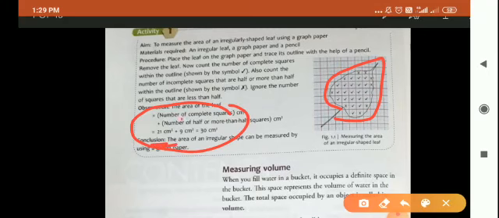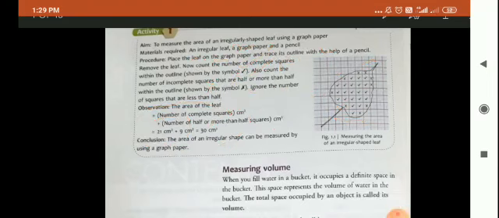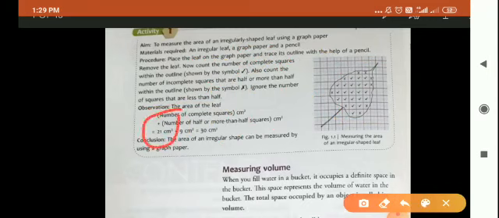And see, here we have placed the unit also: 21 centimeter squares, because the standard unit for area is meter square. You cannot write meter. If you are writing centimeter square, you have to write only centimeter square, not centimeter. Is that clear? So here the number of complete squares is 21 centimeter squares.